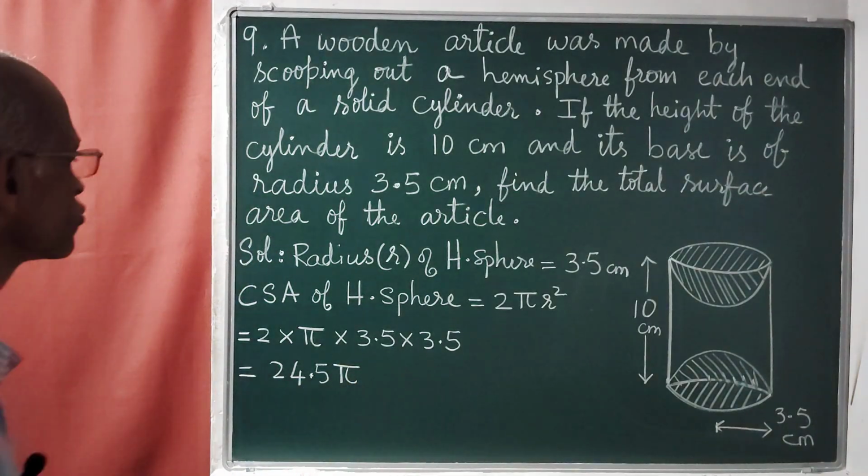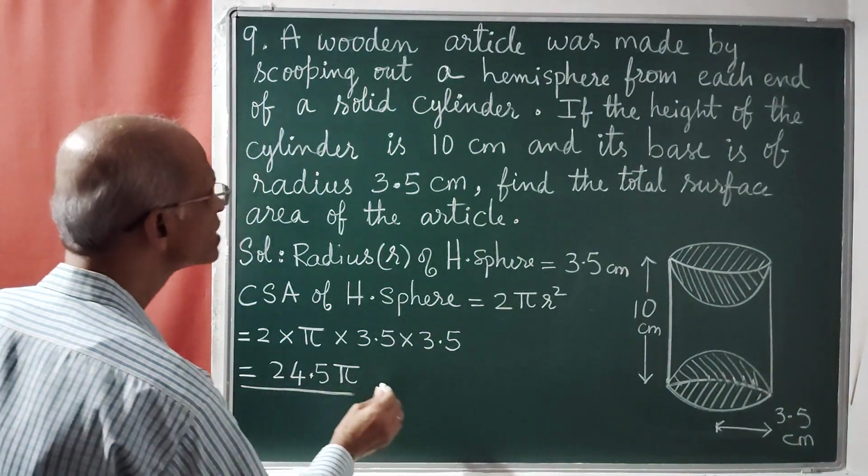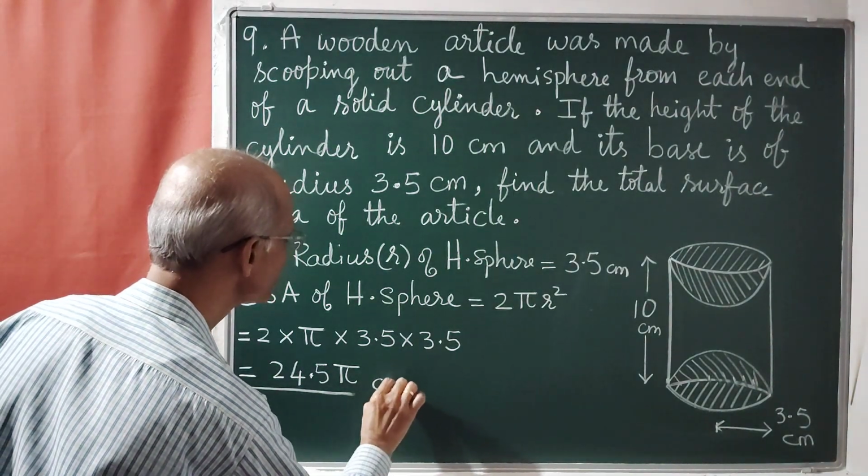So the curved surface area of the hemisphere is 24.5 pi centimeter square.